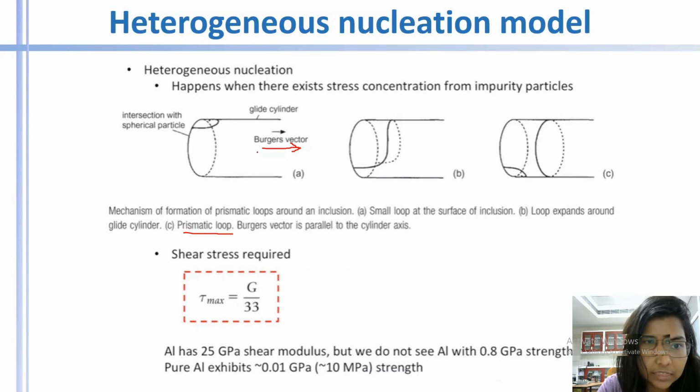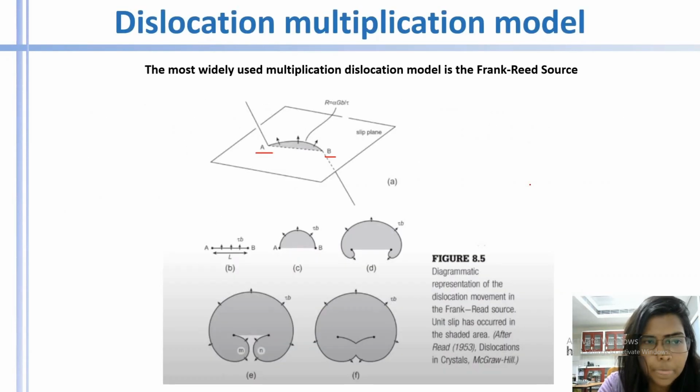Then when it grows, it leads to this prismatic loop. So here also it was not matching. Then we come to the dislocation multiplication model.